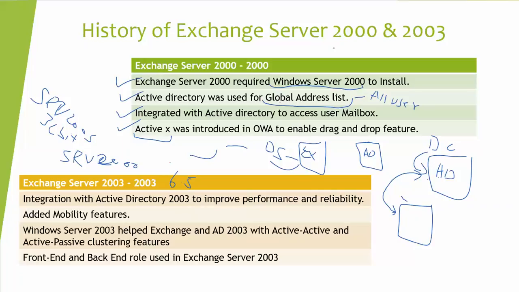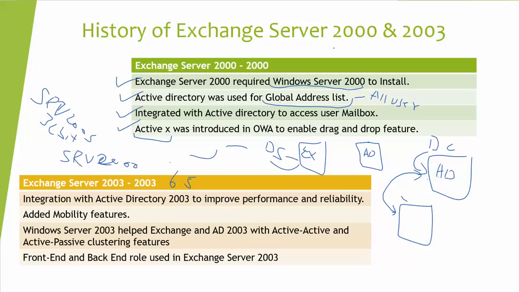So when you had a disaster recovery solution where you were restoring the messages from the backup, you were still able to send and receive emails. That was really a good thing that they came up with.